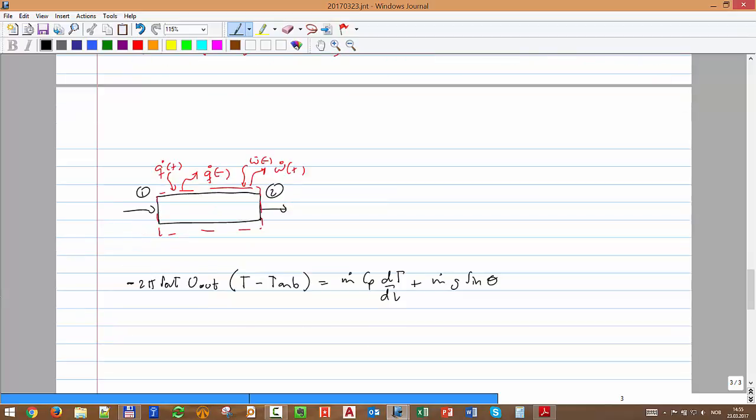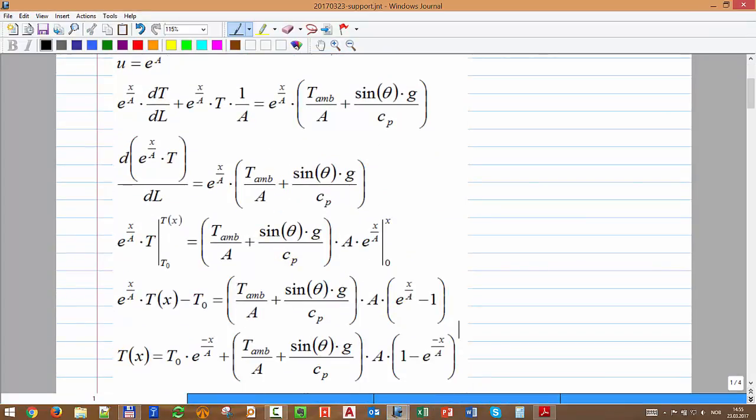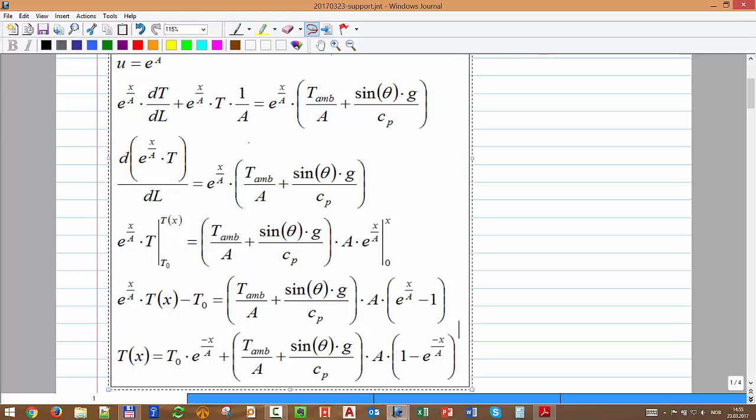You have to solve that differential equation, and you can use the integrating factor method, using this exponent, because at the end that's an equation of the form dy/dx plus a times y equals c, and those equations you can solve with this old method that you saw even before university, but I don't want to bore you with that, so let's just take the screenshot. Okay, and that's how you get the expression that is in the exercise.